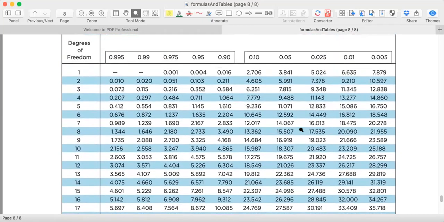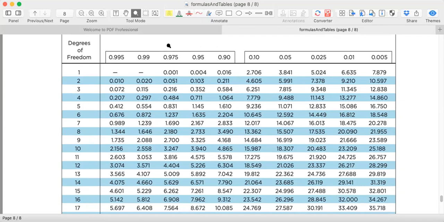Then for the left, the area to the left of the left critical value we know is half of alpha, 0.025, which means that the area to the right of the left critical value has to be 1 minus that. So 1 minus 0.025 is 0.975.